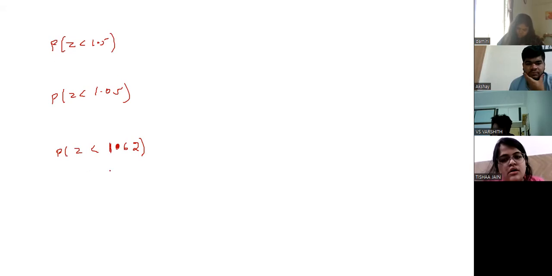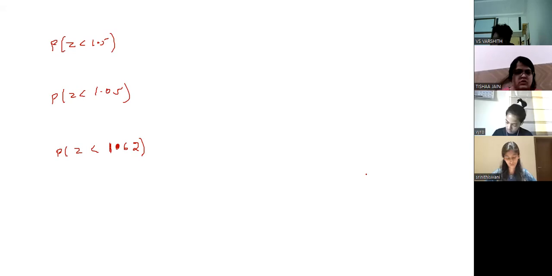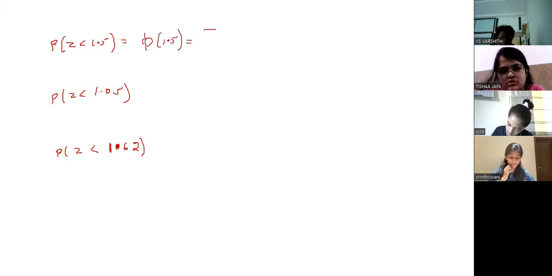First, write these three questions, then I'll show you the table. Is there any specific way to write this in the exam, or do we just write the direct answer with the graph? First you need to make the graph. Second, you can say that this is equal to phi 1.5, which is equal to the table value.